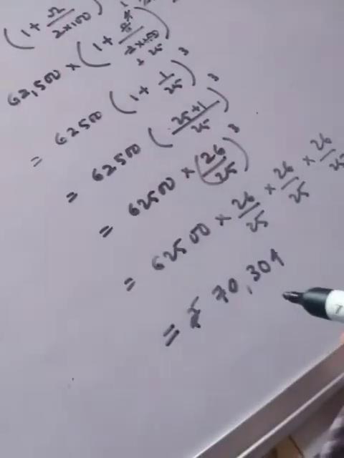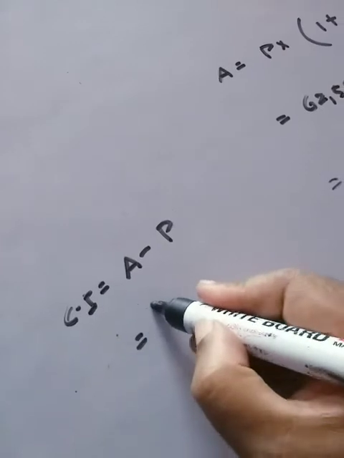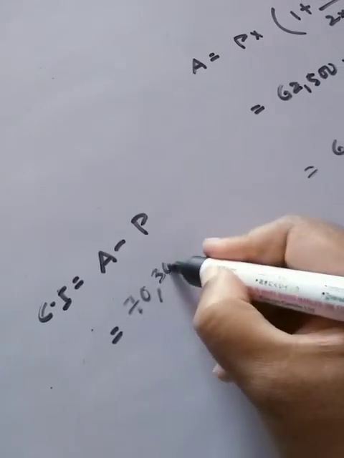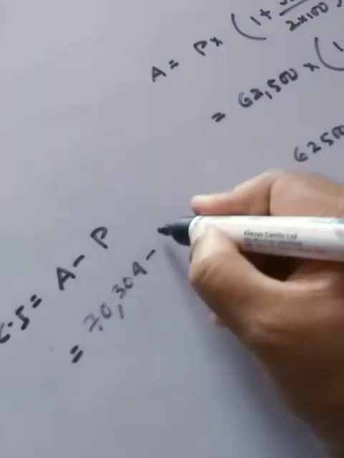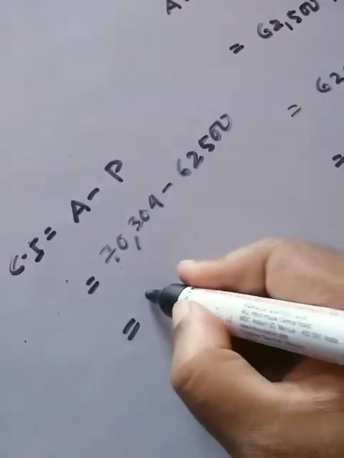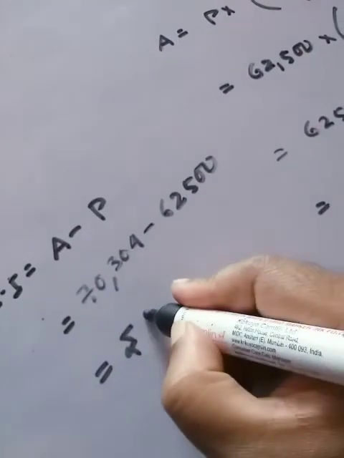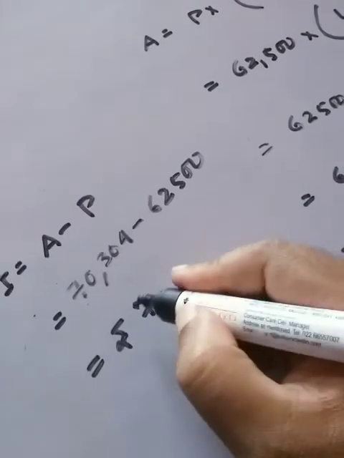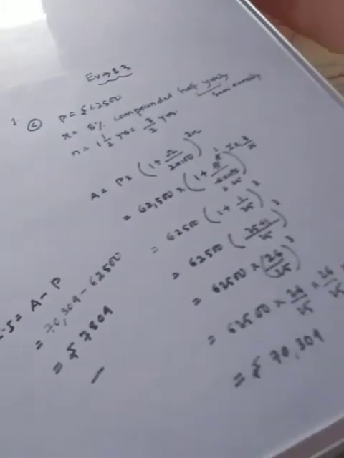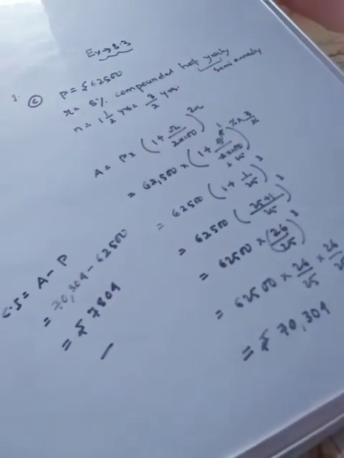The amount is 70,304 minus the principal, 62,500. Now you get the answer 7,804. So this is your answer of sum number C.